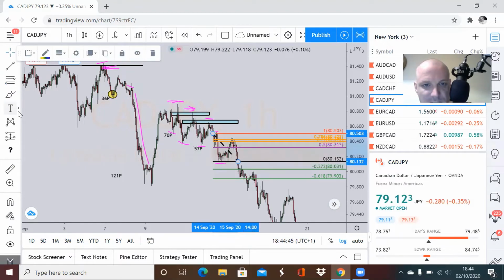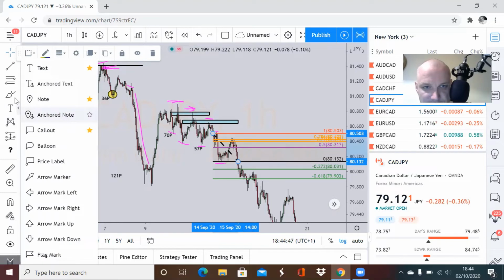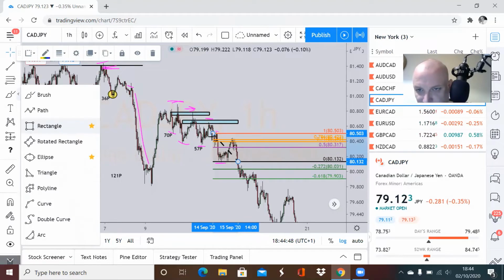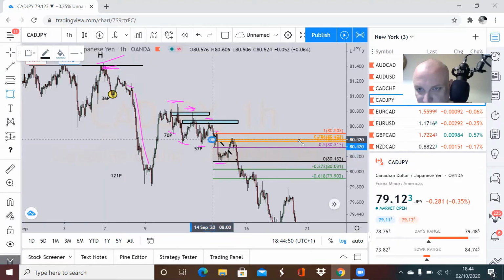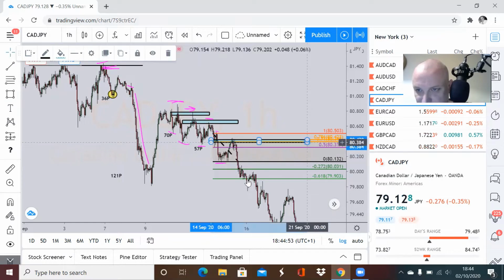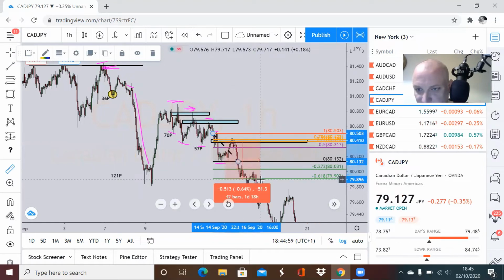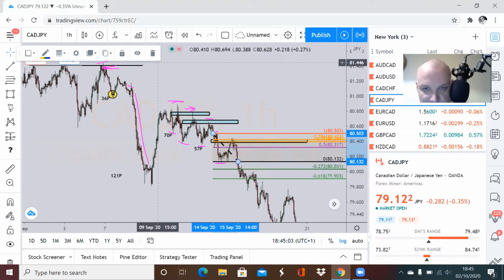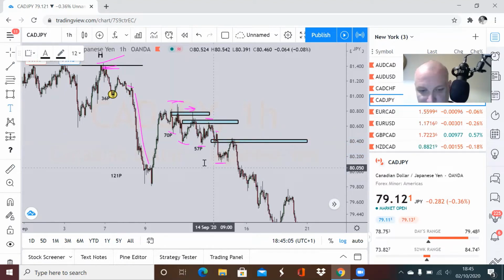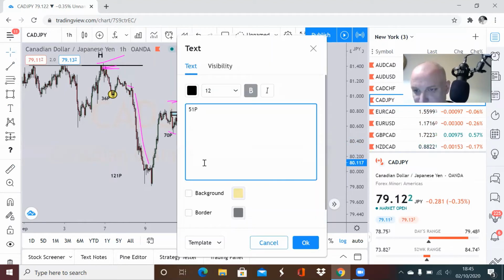And lo and behold, back to the money line, to the 618. Pips caught, little bit of drawdown, 51 pips, going down to here, 51 pips.